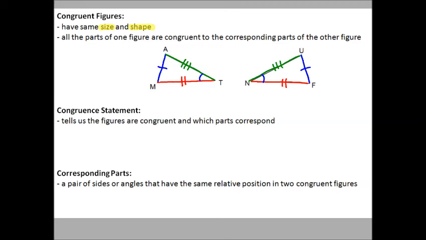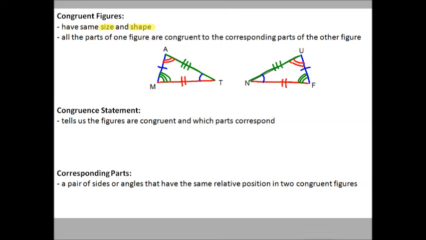Moving to our largest angle, angle A on top here is across from the longest side, and angle A is congruent to angle U. And the third and remaining angle, angle M, is across from the third side and is congruent to angle F.